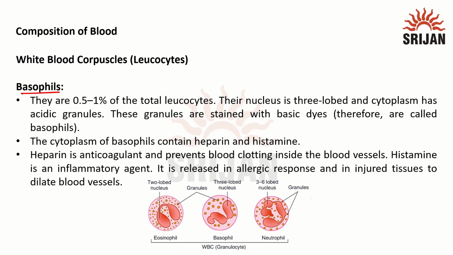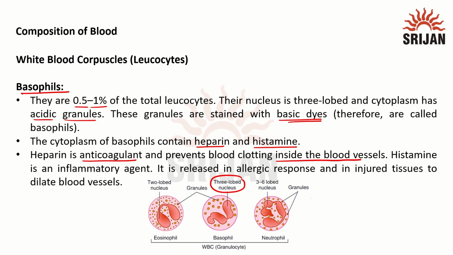Next cell is basophil. They are about 0.5 to 1% of the total leukocyte percentage. Their nucleus is three-lobed and the cytoplasm has acidic granules, and these granules get stained with basic dyes, hence the name basophils. The cytoplasm contains heparin and histamine, very important compounds. Heparin is an anticoagulant, which means it prevents blood clotting within the blood vessel.